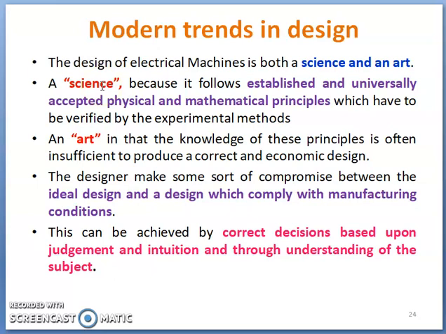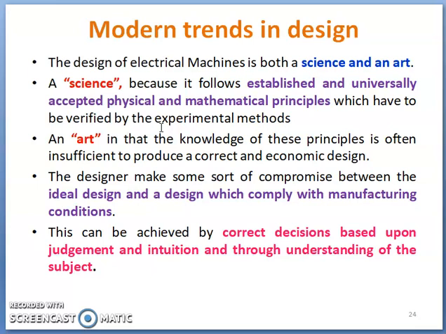Design of an electrical machine is a science because while designing any electrical machine, the designer has to follow well established and universally accepted physical and mathematical principles, and verify the design through experimental methods.